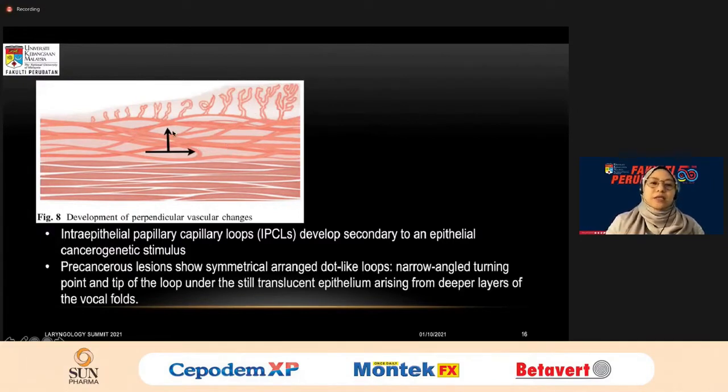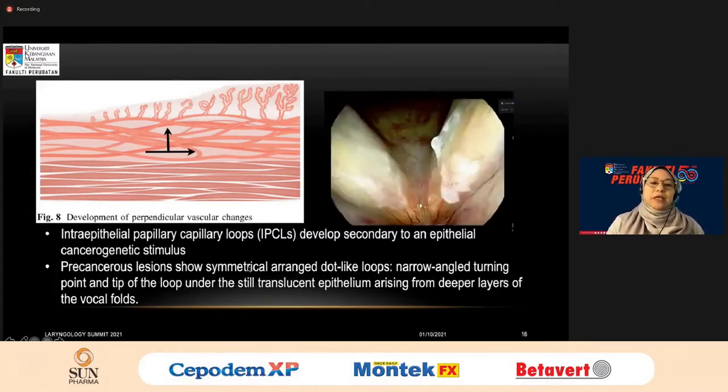In a precancerous lesion, for example like this, the vessel has a narrow angle turning point. Therefore, from the surface, we can see two symmetric dots. This is suggestive of a pre-malignant condition.